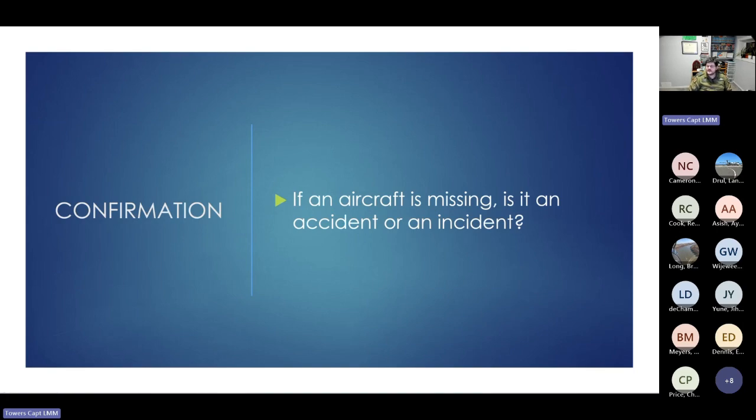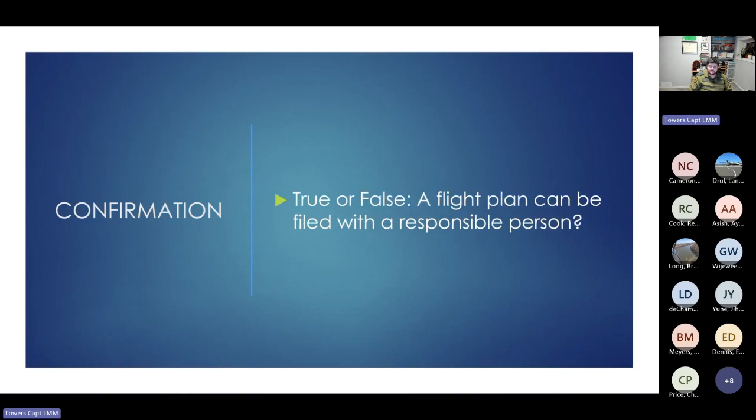If an aircraft is missing, is it an accident or an incident? An accident, that is correct. True or false, a flight plan can be filed with a responsible person. False, that's correct. Only a flight itinerary can be filed with a responsible person.